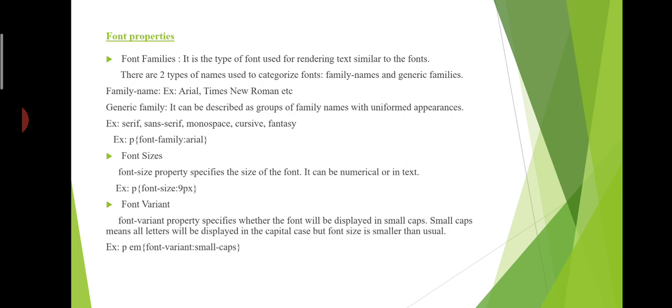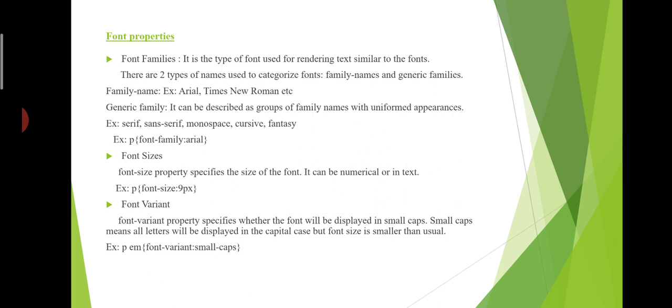In order to apply a font size of 9 pixels to the content of the paragraph, I have mentioned here P, curly braces. P is the selector name. Font size is the font property. The font properties are predefined properties, so while writing the property, make sure it is font-size.